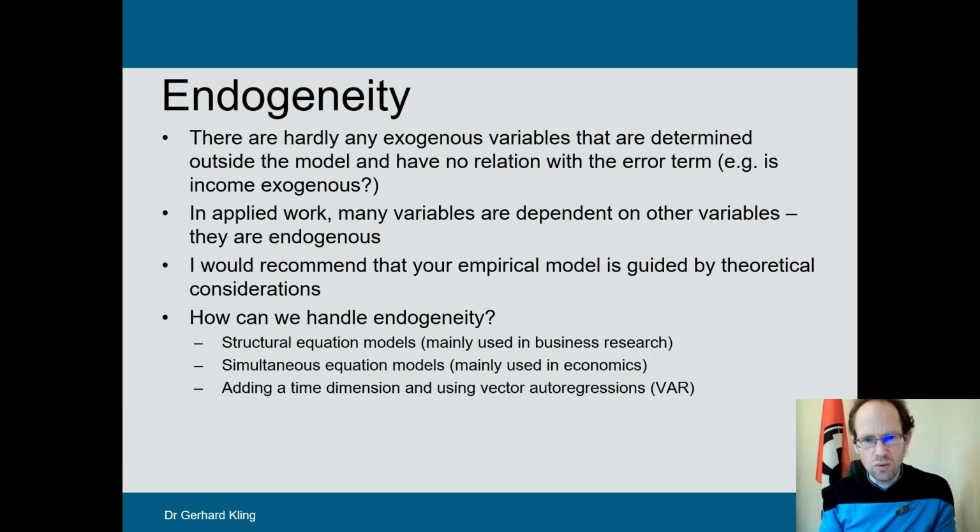What else can you do? Sometimes it might make sense to go into structural equation modeling, where you can model more complex relationships, or you might add a time dimension to your problem. We actually have one here, so we could do different types of models under the heading of, for instance, vector autoregressions, which I won't cover in this course, but I will do another course on applied time series modeling where this will be featured.